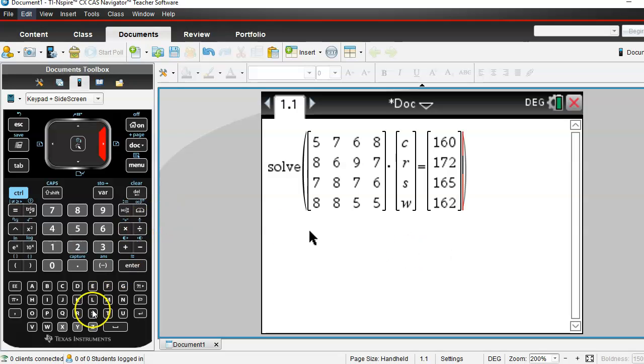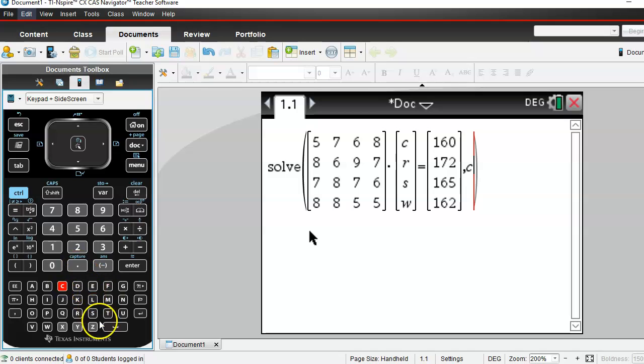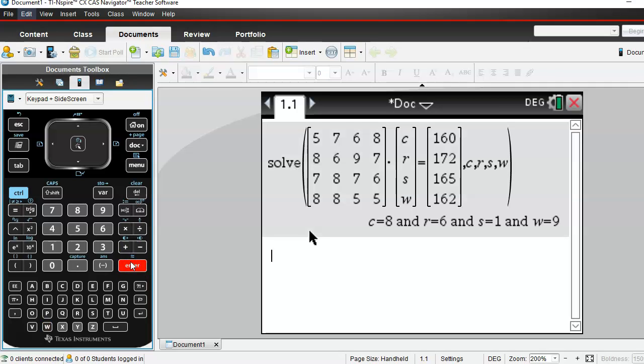And don't forget, we are solving for C, R, S, and W. Enter.